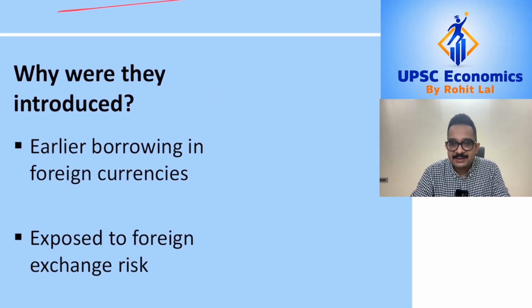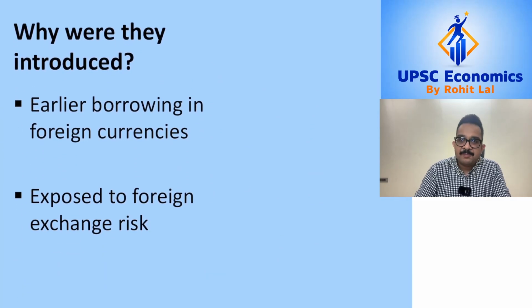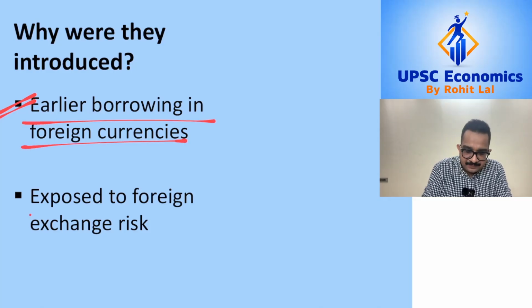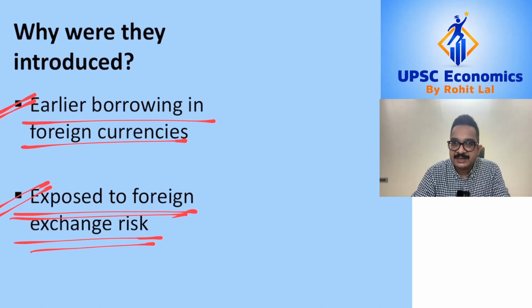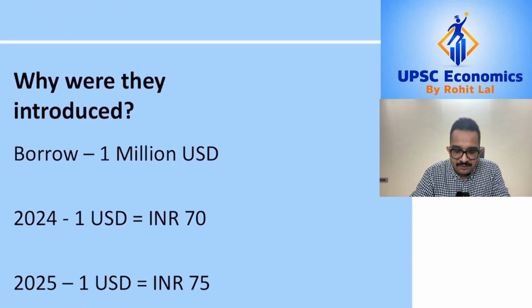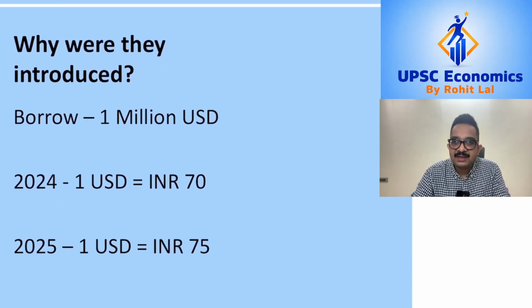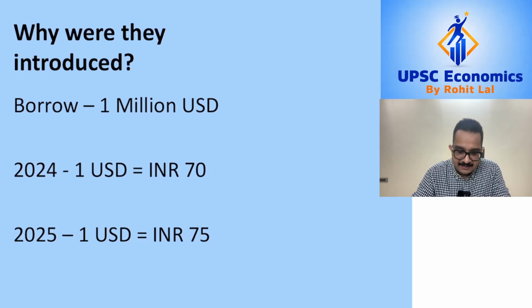Now, the reason why this is beneficial is that before masala bonds were introduced by India, any entity which is borrowing from abroad, be it a bank or a company, always was exposed to a foreign exchange rate risk. Now, what is a foreign exchange rate risk can be understood by looking at the example out here.